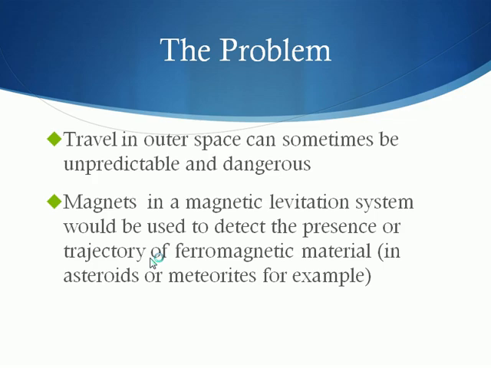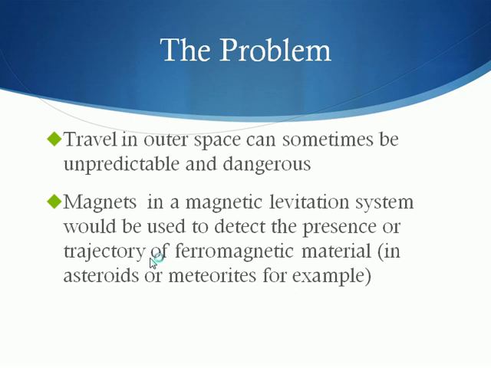So my problem was I looked at outer space, like travel in outer space, and so this is not really this problem. It may not be possible in the next few years. It's just an idea I had with maglev, a new idea.